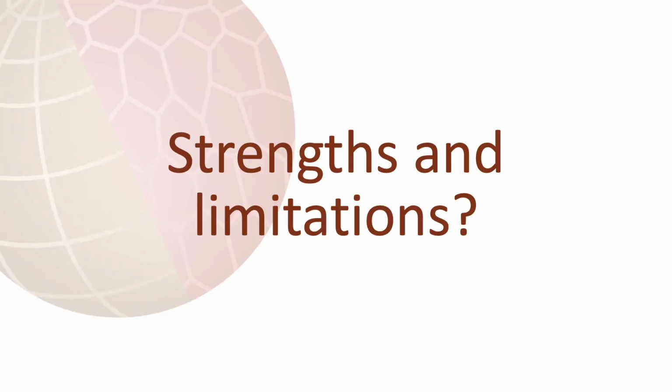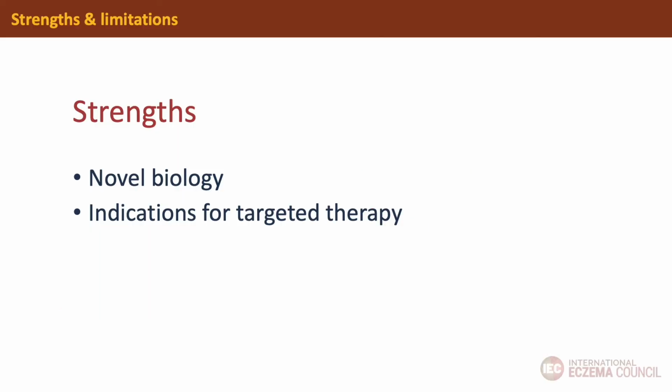So what are the strengths and limitations of using genetic models to try and understand a complex disease like atopic dermatitis? One of the major strengths of studying genetic disease is that it gives insight into novel biology. And because our genetic makeup is inherited at birth, by definition, this must predate the onset of disease.